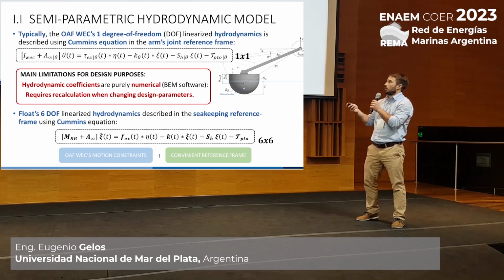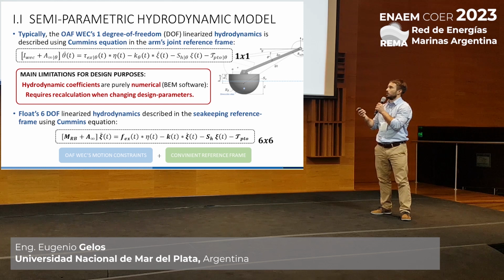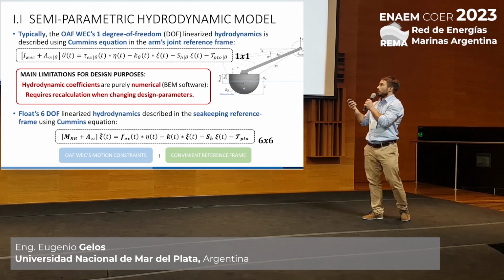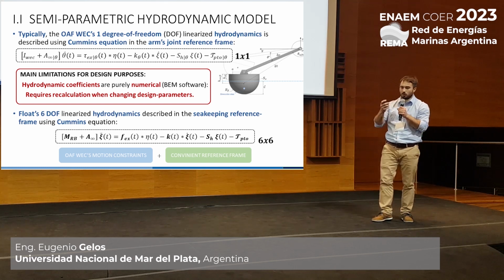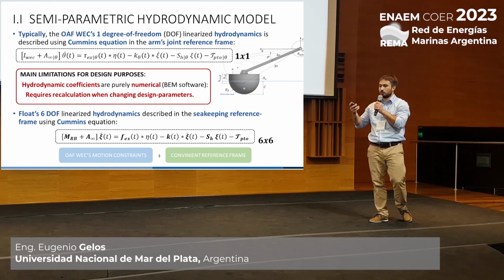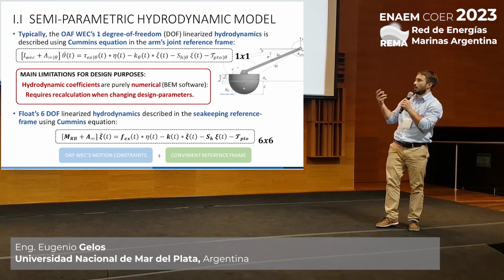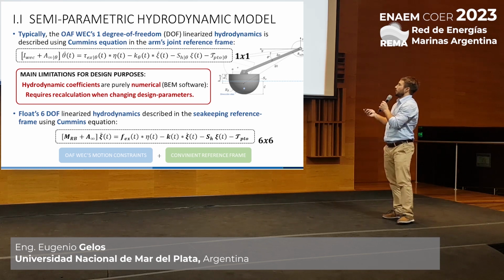This is one of the main limitations of this approach for design purposes, because with purely numerical hydrodynamic coefficients, when changing any of the design parameters, the BEM software has to be run again, and a recalculation of these hydrodynamic coefficients needs to be done.